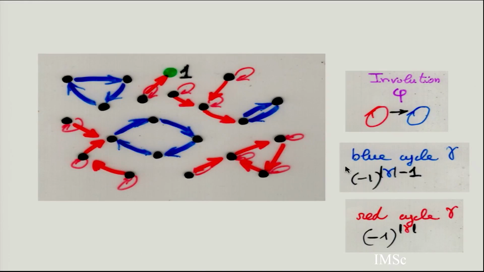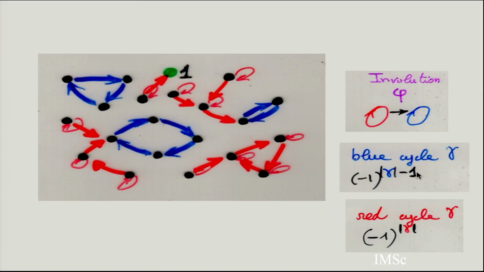So the total is a -1 for each blue cycle, and each red cycle is plus, because it's a loop. In a loop, the diagonal term was positive, and in the loop there is no inversion. So in fact, each red cycle is +1, each blue cycle is -1. There is a mistake there. So the involution is going to kill a blue cycle with a red cycle.